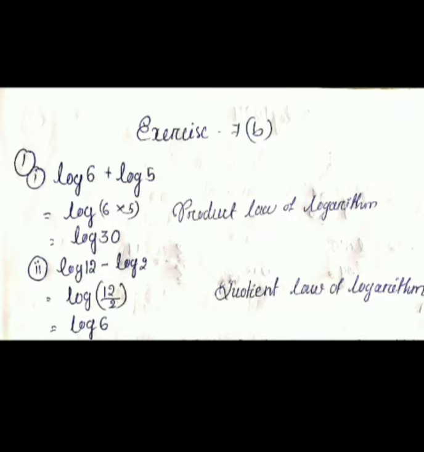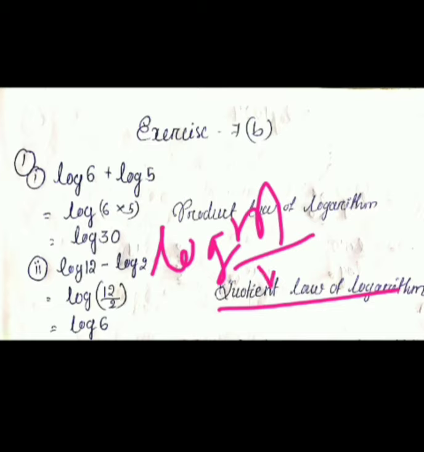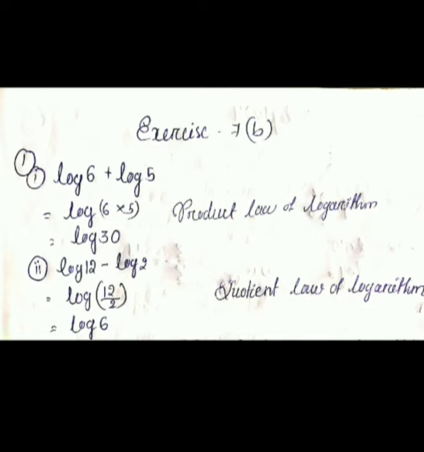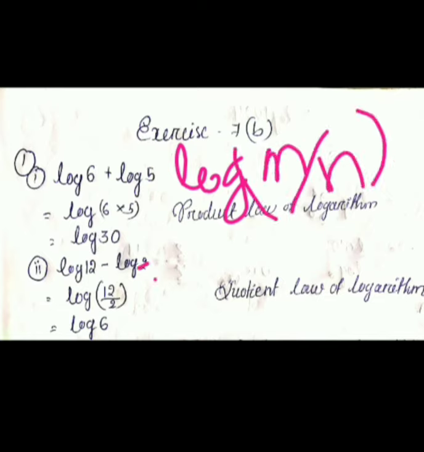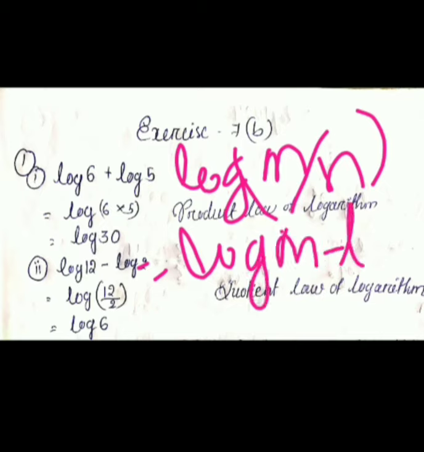Now number 2, log 12 minus log 2. Here the difference is given. Remember the quotient law of logarithm. What is it? Log of m by n equals log of m minus log of n.